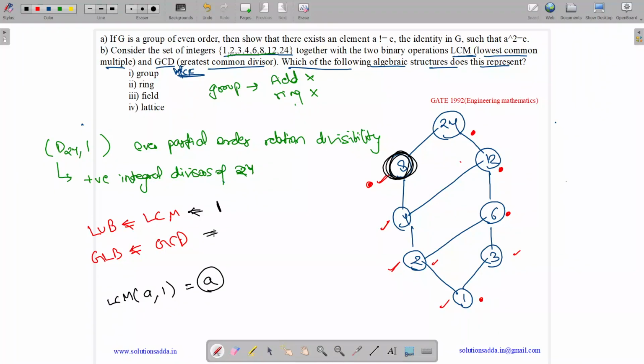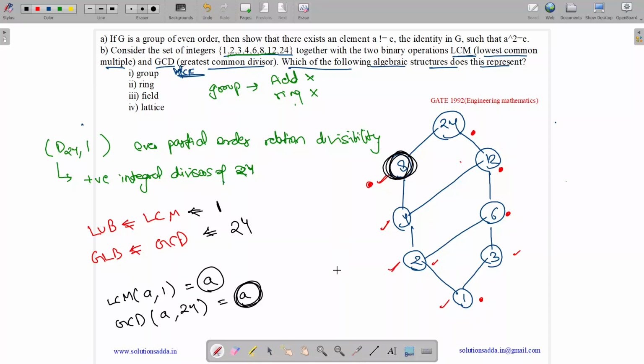And what is the identity for greatest lower bound? It should be 24, because GCD of any item with 24 will always be that item only, because 24 is divisible by 1, 2, 3, 4, 6, 8, 24. So GCD of 12 and 24 is 12, of 6 and 24 is 6, of 3 and 24 is 3.